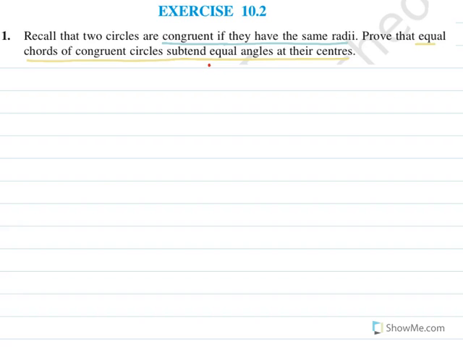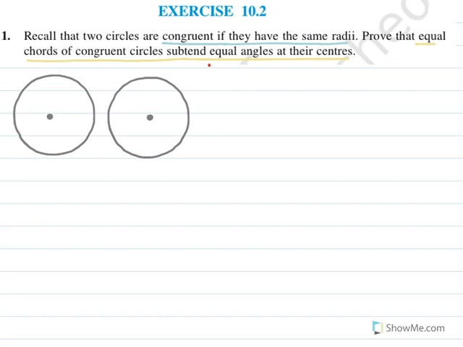So let's draw two congruent circles, meaning two circles with the same radii. Here, one with center, say this is O and this is O dash.